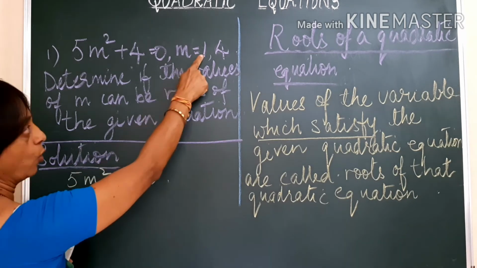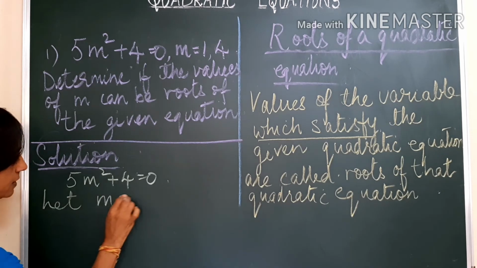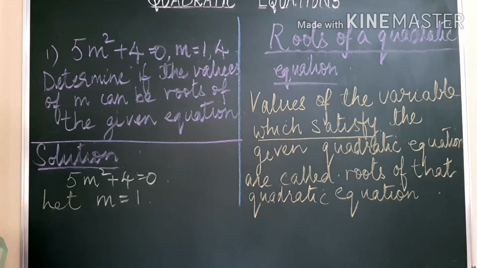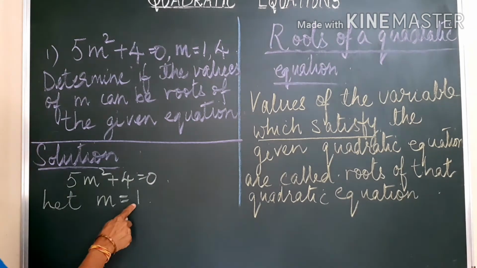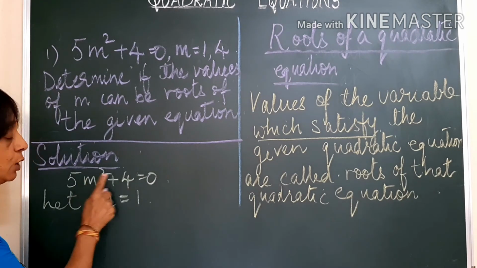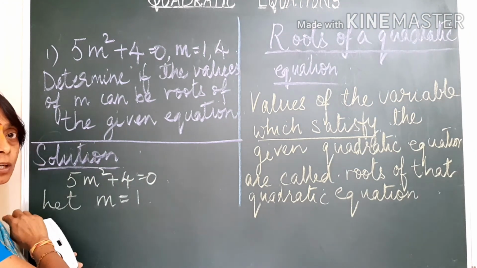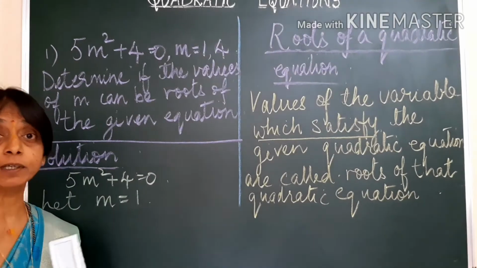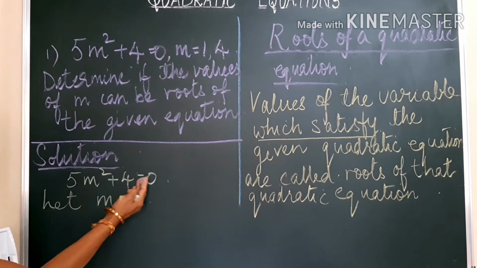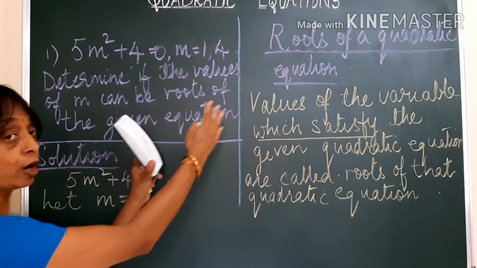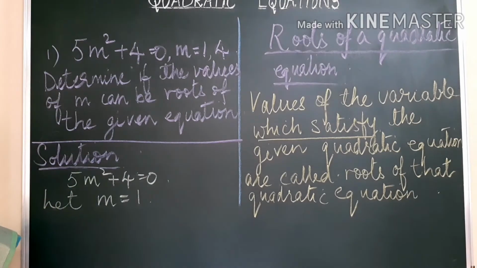Let's take one value at a time. So first, let m is equal to 1. Now how do you determine if it's a root or not, children? Let's recall back. We take the value, substitute in the given equation to the left and to the right wherever the variable is present, and then solve your left hand side of the equation, solve your right hand side separately, and check if both the answers tally.